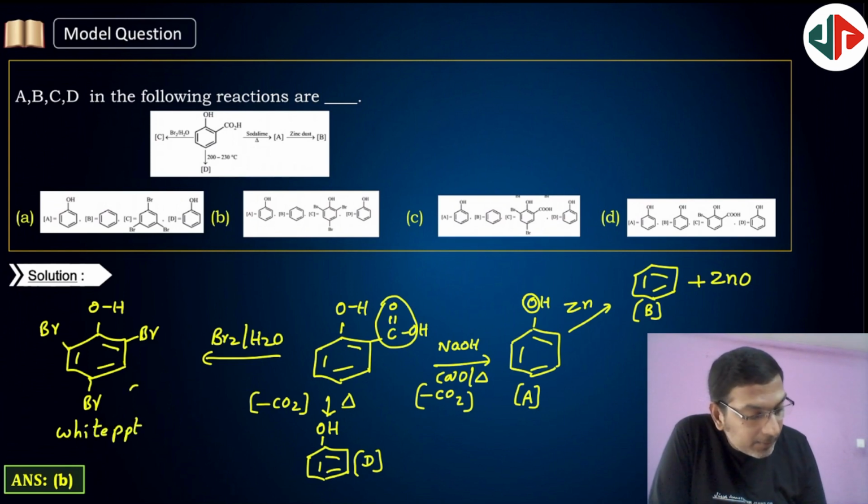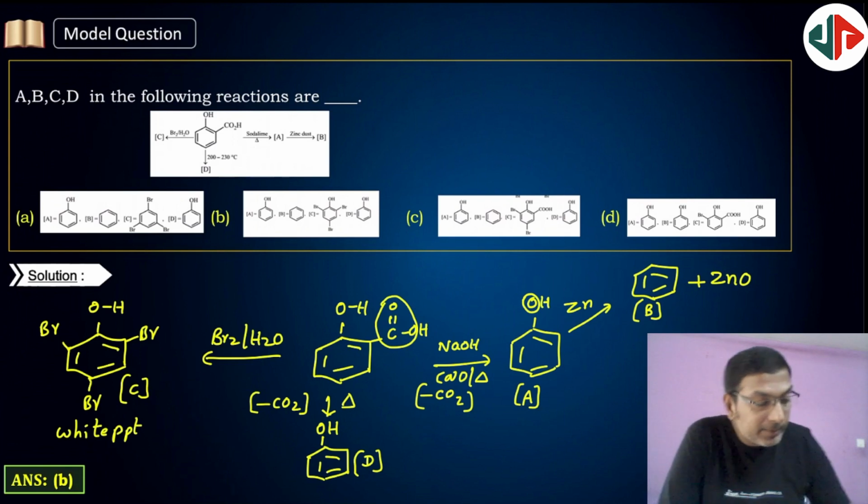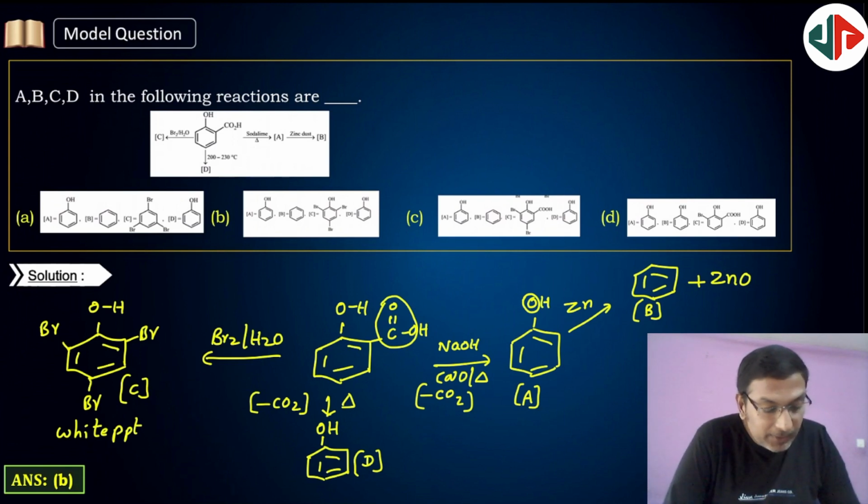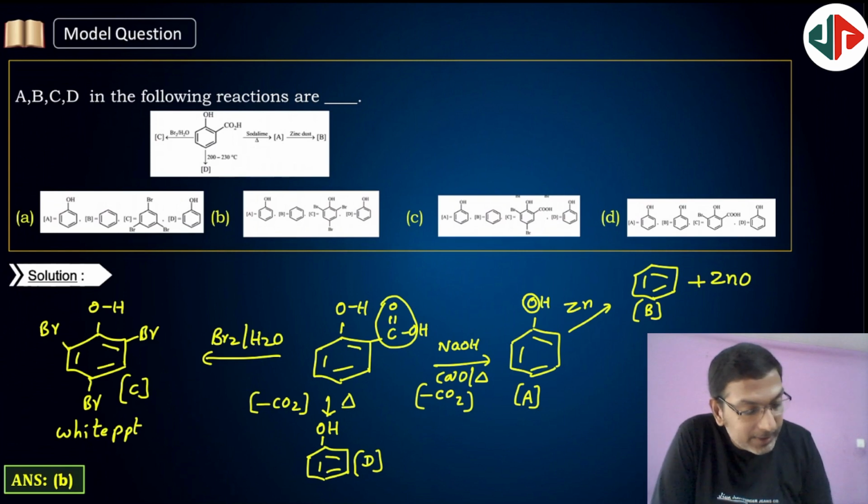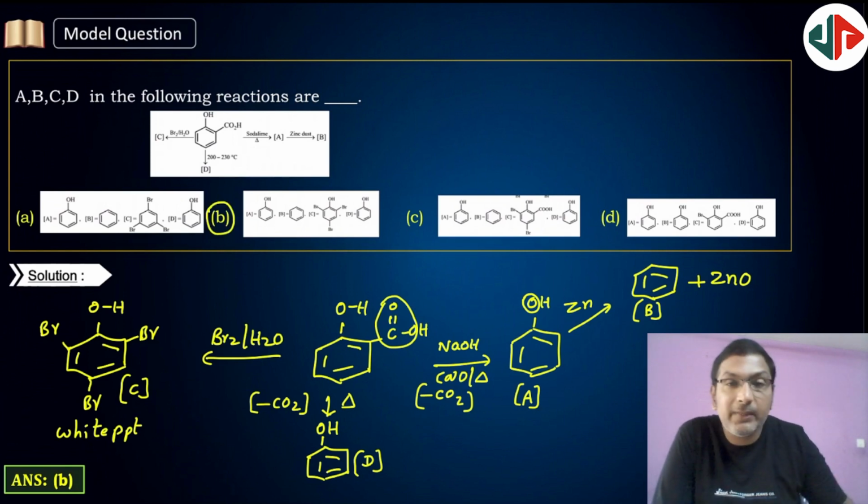So which is compound C. Now check the options. Compound A is phenol, B is benzene, C is tribromophenol and D is again phenol. So option B. Very, very important reactions.